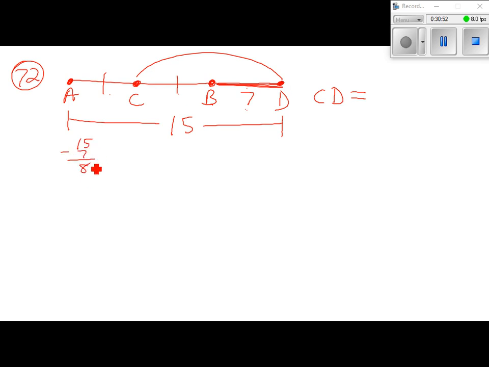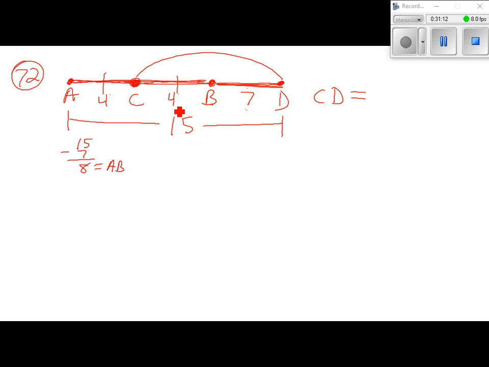That gives us 8. That tells us from A to B is 8 units long, so that's the length of segment AB. We know that C is a midpoint, so it has to split it in half. If this is 8, then each of these parts has to be 4.